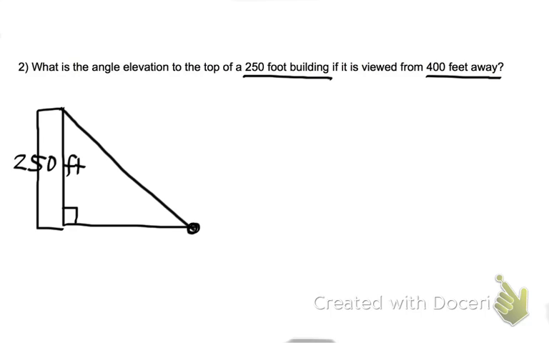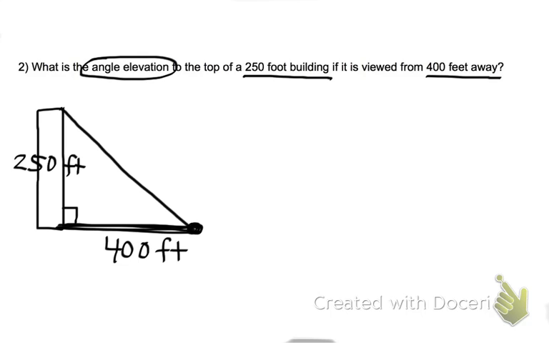So if someone was standing right here, 400 feet away would be talking about this distance on the bottom. So this would be 400 feet. Then it's asking for the angle of elevation. And that's the angle going upwards, so it's the angle at the bottom.